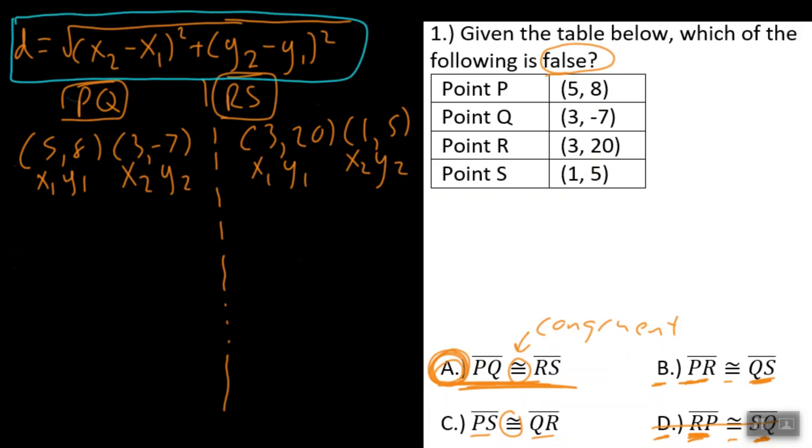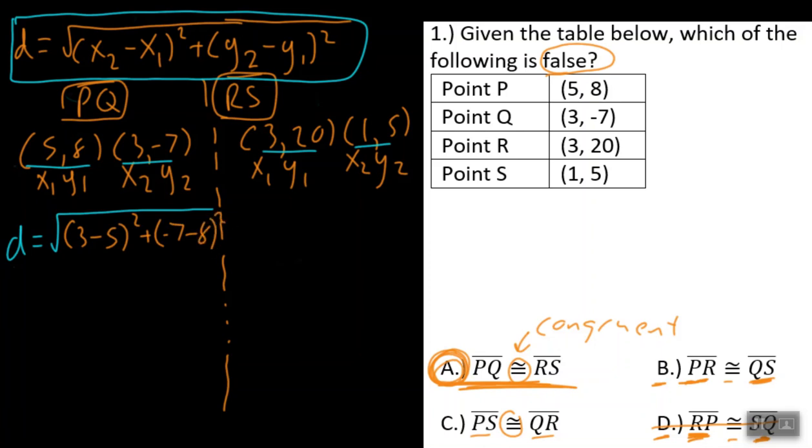Now from here, I've labeled the points P and Q and R and S, and I've also labeled them x1, y1, x2, y2, x1, y1, x2, y2. Now let's go ahead and set up our formula. So we have D is equal to the square root of, parentheses, x2, 3 minus 5 squared, plus our y2 value, negative 7 minus 8, squared.